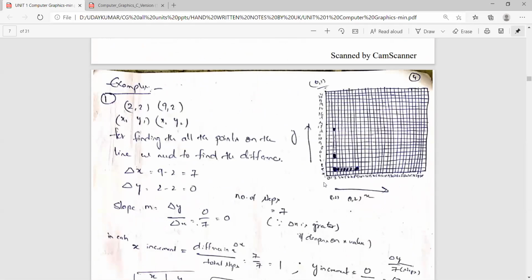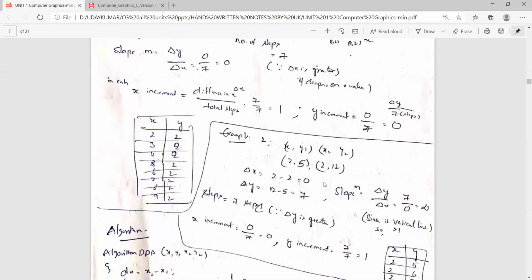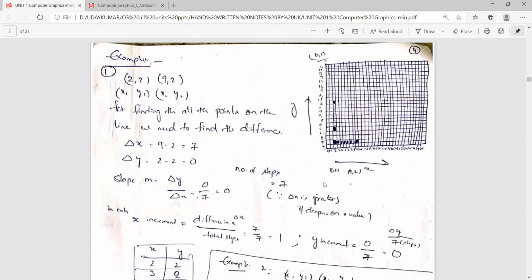So how many times will it run? 7 times. And the last point we got is 9, 2, the ending point. By this, you can get the pixels.